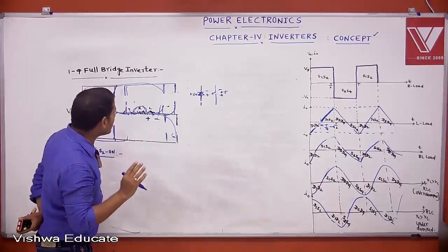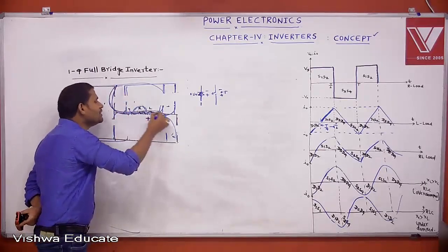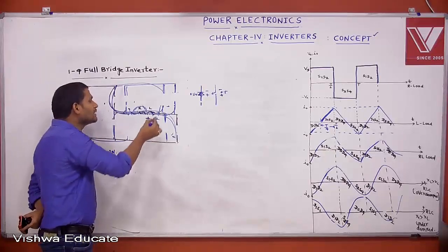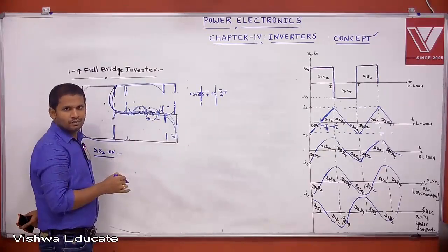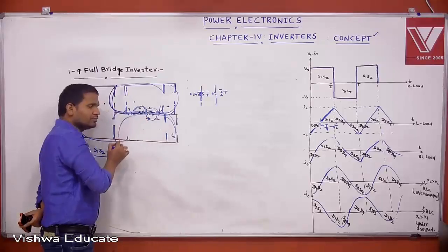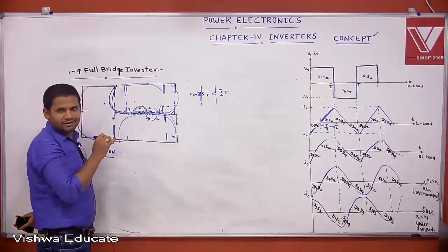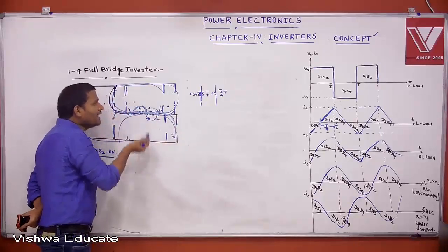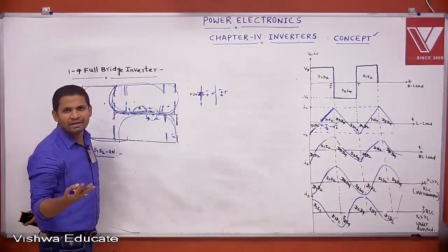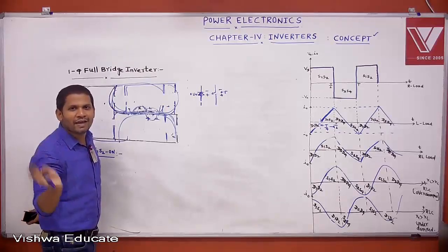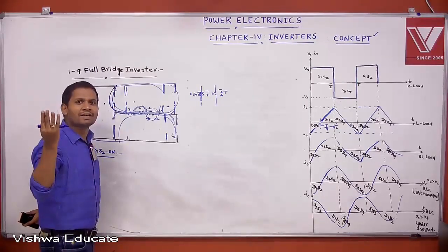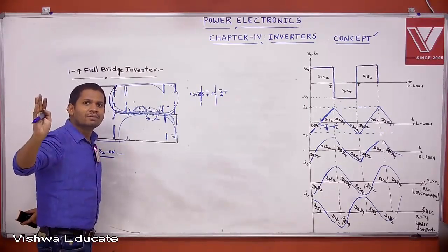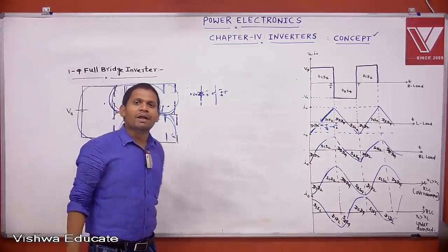For example, if S1, S2 is on, the inductor stores some energy. If S3, S4 is on, again the inductor stores energy. Again S1, S2 is on, again the inductor stores energy. Continuously the energy stored by the inductor increases. After some time, the inductor will be damaged.